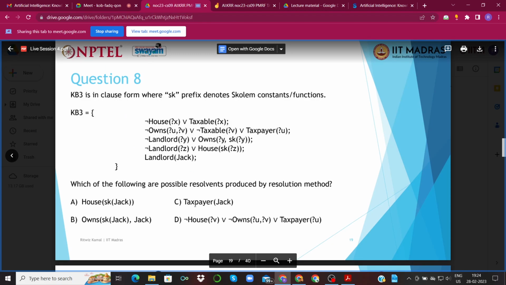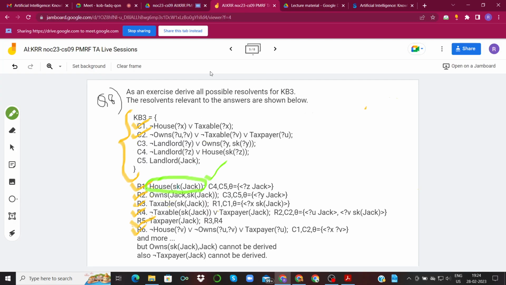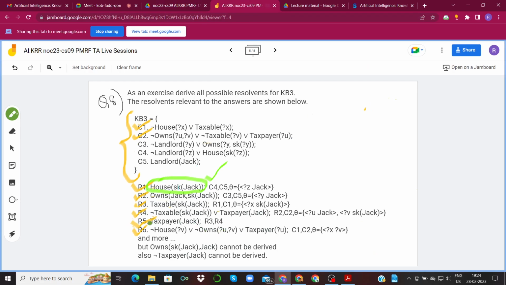Next, let's consider option C, which is taxpayer Jack. We also derived taxpayer Jack right here.